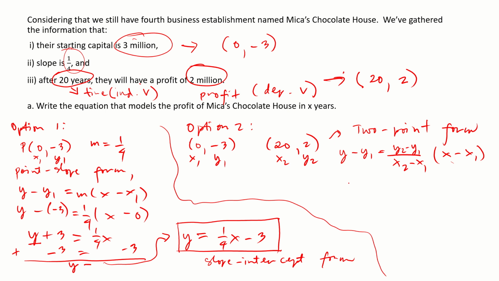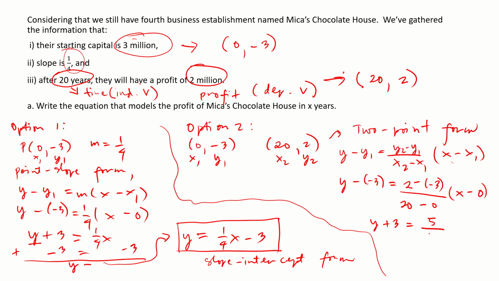Then all you need to do is to substitute. y sub 1 is -3, y sub 2 is 2, y sub 1 is -3. x sub 2 now is 20, x sub 1 is 0. Then x minus x sub 1 is x minus 0. And you simplify. If we rewrite y minus -3, that will become y plus 3. 2 minus -3 will become 2 plus 3, so 5.